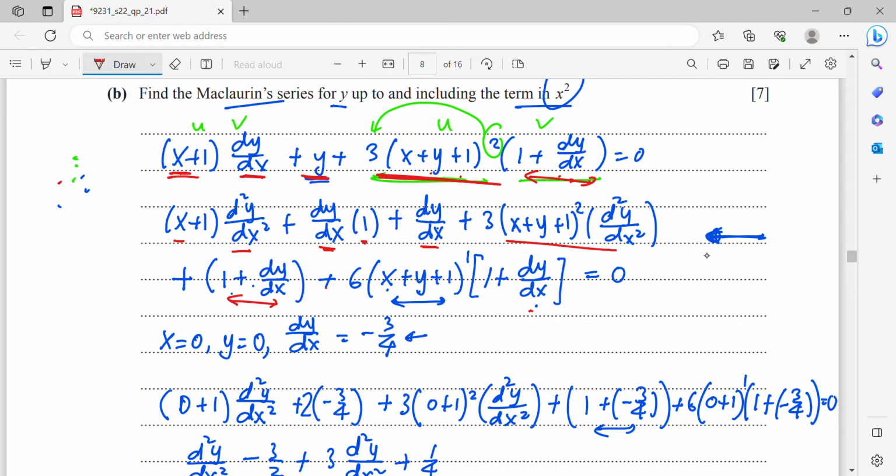Okay, correct. I with a plus keep this and differentiate this part. Then now I have to keep this 1 plus dy dx and differentiate. So there's a plus. This one shouldn't have plus. It is multiply. Okay, a small mistake over here because it is product rule. So you keep 1 plus dy dx and then you times by differentiation of this.